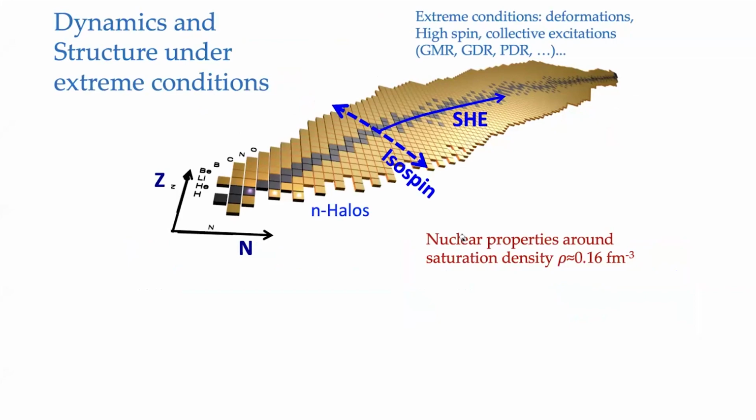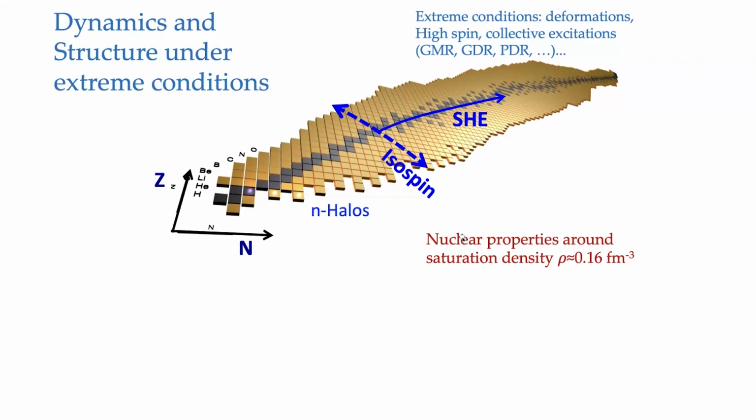What we usually do in laboratories is to study the dynamics and structure under extreme conditions. We can go towards the heavy element line, so extreme conditions of mass and charge, which is the superheavy element domain. Or you can go away from the stability line, so you start to study the extreme conditions of isospin.